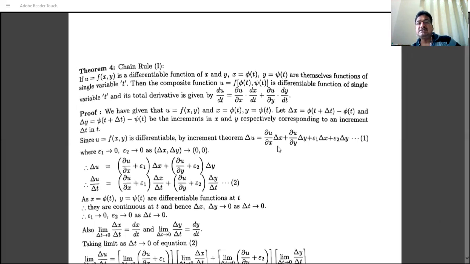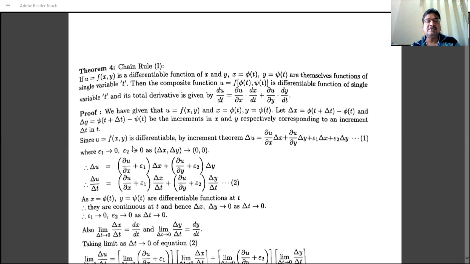The notes in the form of h and k, and the notes with delta x and delta y in their place, are both already shared with you through WhatsApp. So either use the h and k notation or delta x and delta y.